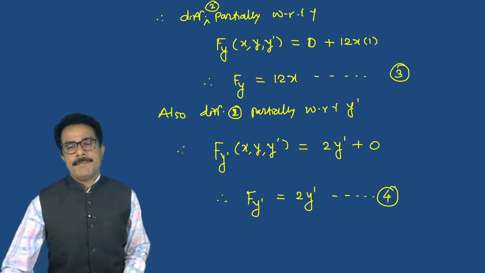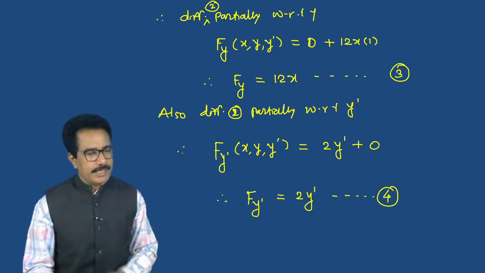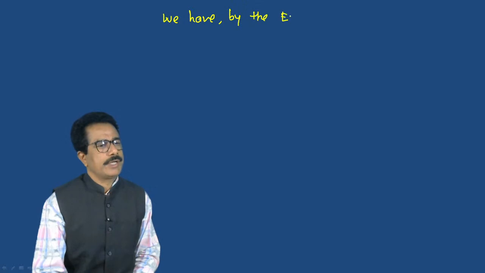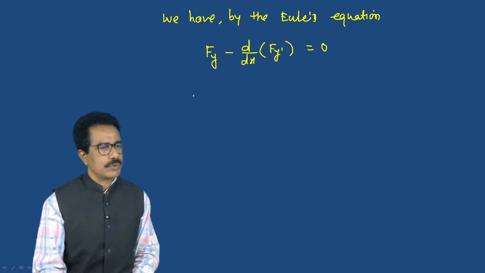But by the Euler's equation, f suffix y minus d by dx of f suffix y dash equals 0.